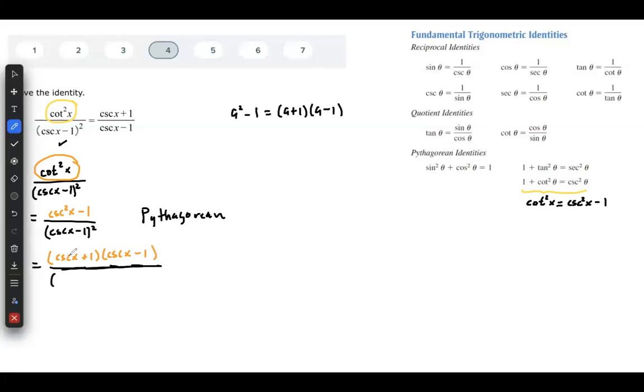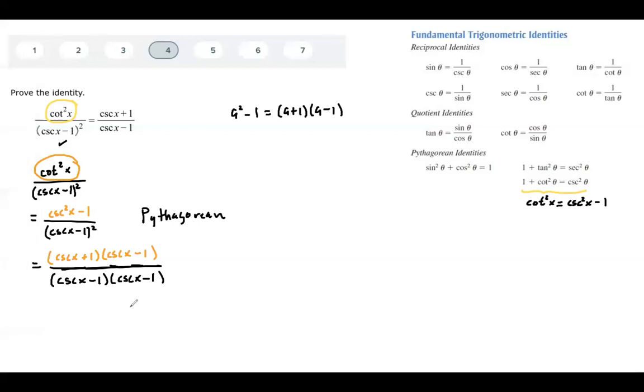And down here, cosecant of x minus 1 squared can be written as cosecant of x minus 1 times cosecant of x minus 1. So we are breaking it into two factors. That's going to be useful because we don't have any squared factors on the right-hand side.